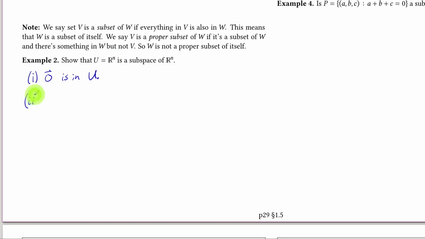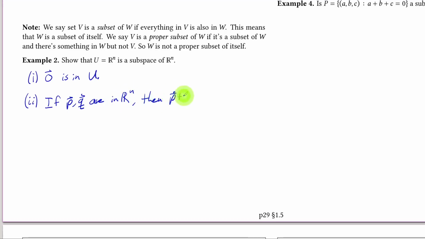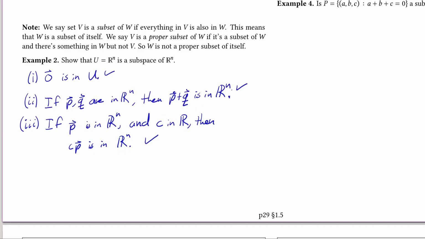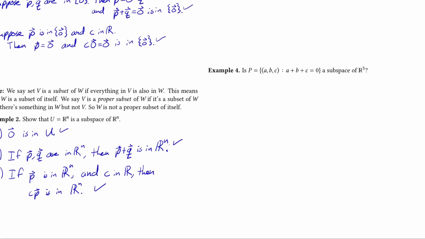And if you take any two Rn vectors, then their sum is also an Rn vector, right? And likewise, if you multiply a vector by a scalar, it's still an Rn vector. Okay, so yeah, it meets all three criteria.